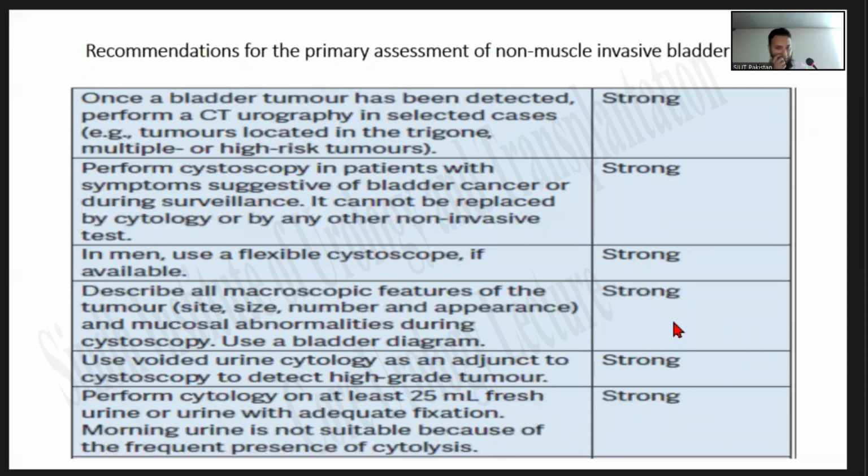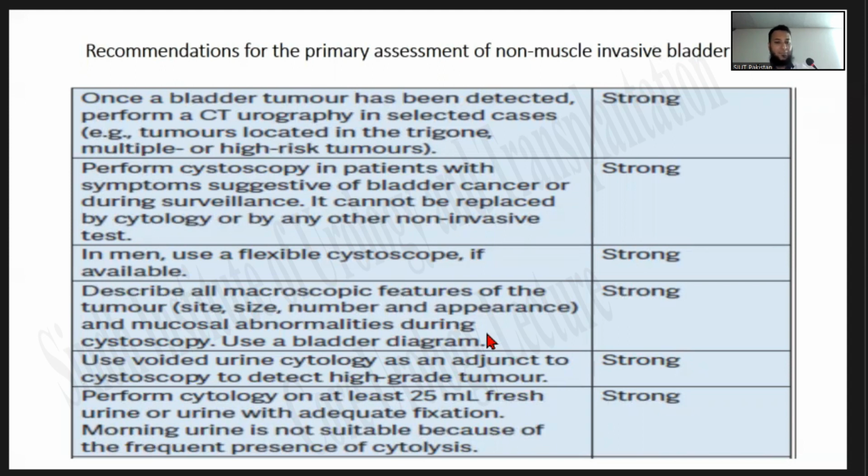With the recommendations for non-muscle invasive bladder cancer, once the bladder tumor has been detected, perform CT in selected cases and perform cystoscopy in patients with symptoms suggestive of bladder cancer or during surveillance. It cannot be replaced by cytology or any other non-invasive test. In men, use flexible cystoscopy if available.